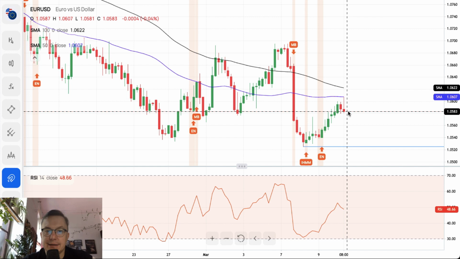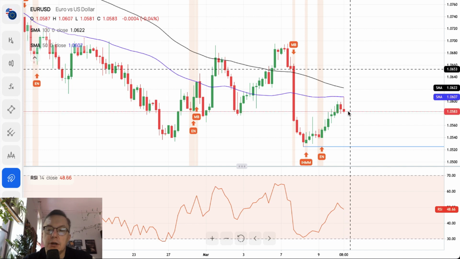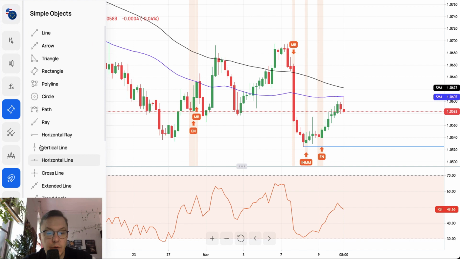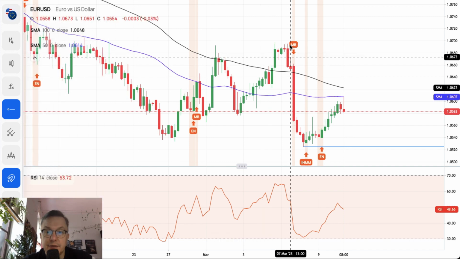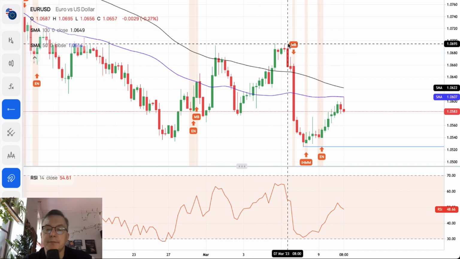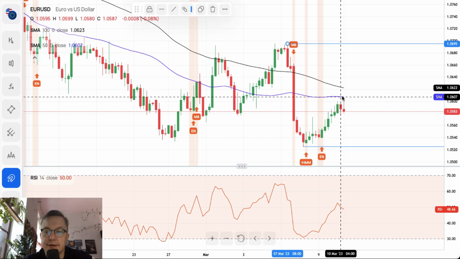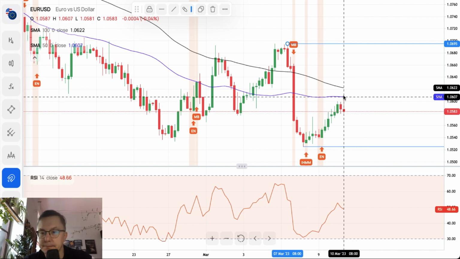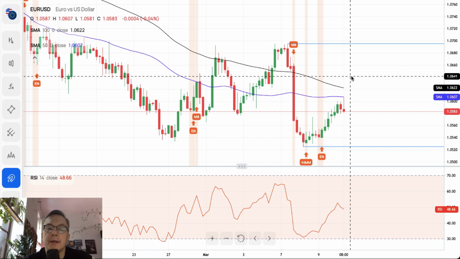So the market participants await the data, and they are wondering whether better than expected data will help them to jump higher above the 50 and 100 periods moving average. The first target is of course the recent local high 1.0695, so right now this is roughly around 90 pips away from the highs of the last 4-hour candle.